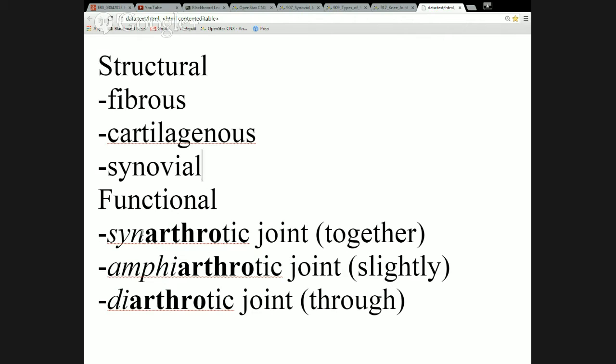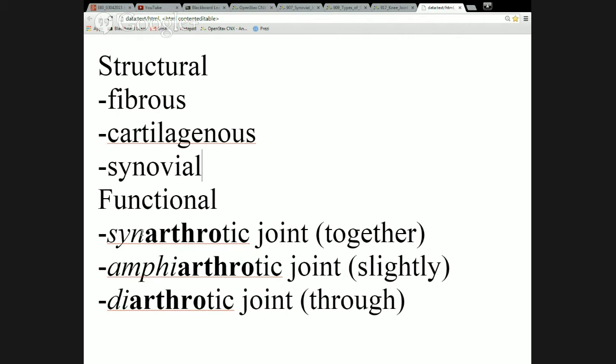Synarthrotic joints are usually like 99% or so fibrous joints also, but there are some examples of fibrous joints that do move a little bit. So there are some exceptions to synarthrotic joints being fibrous. And then cartilaginous joints are usually amphiarthrotic, but there are some exceptions. And it really depends on how you define that.